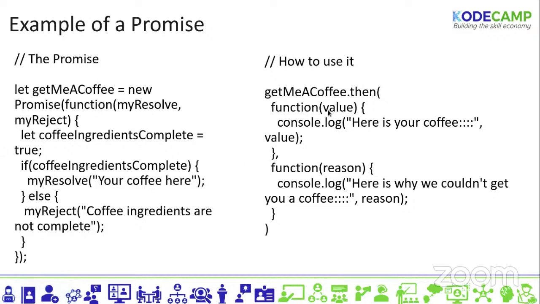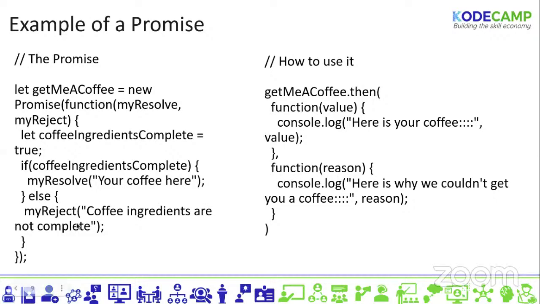So this first function handles that, and your coffee is passed as a value here, and then we can do whatever we want with that value inside this function. But if we have a rejection here, if the promise did not go well, then we are going to trap it in the second function, which is this particular function.